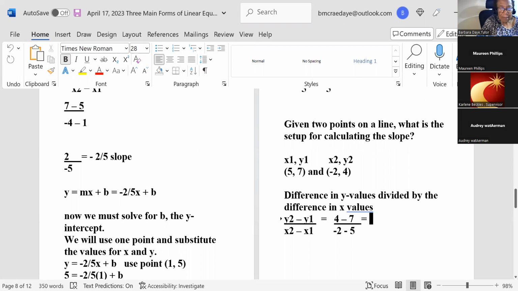Subtract. What do you get? +4 -7, subtract. Sign of the greater absolute value. -3, perfect. Okay, what's a -2 and a -5?